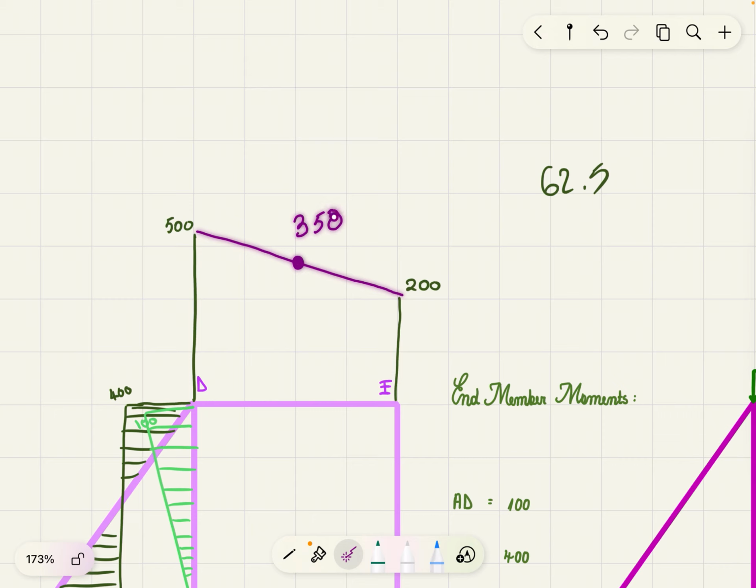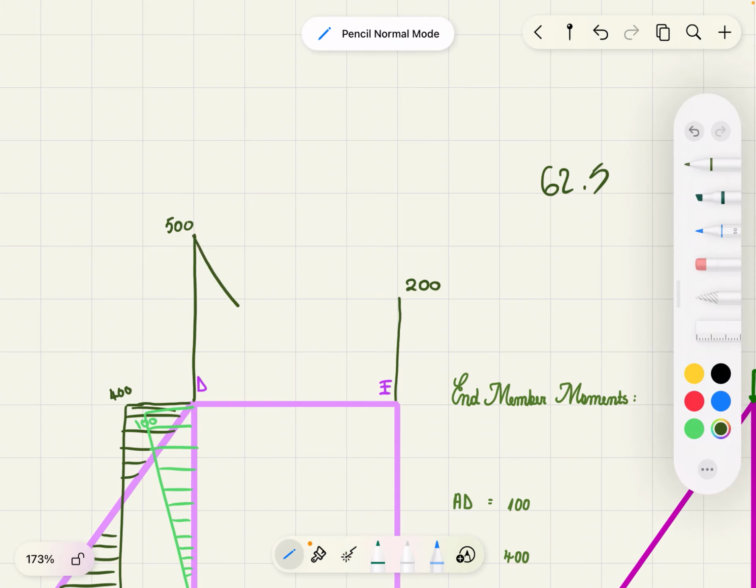And from this value of 350 moment at midspan, we have to subtract the value of the UDL we have found here. So 350 minus 62.5 equals 287.5. So we're still in the positive region. So here we have 287.5.